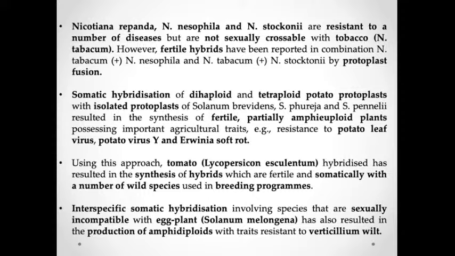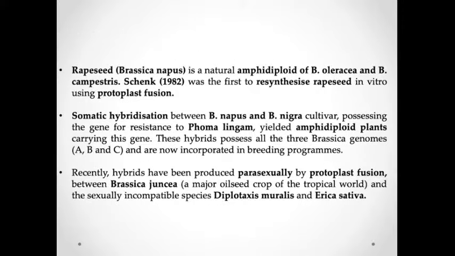Interspecific hybridization involving species that are sexually incompatible with eggplant has also resulted in the production of amphidiploids with resistance to Verticillium wilt. So we have done so many things in the field of agriculture, producing so many species with the help of somatic hybridization.